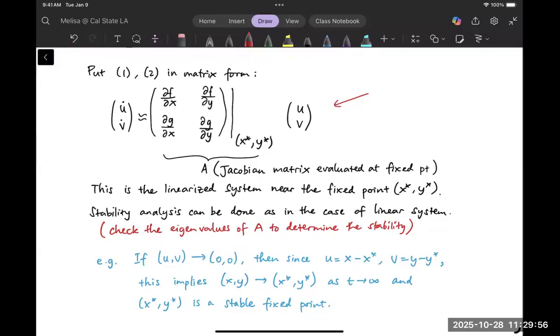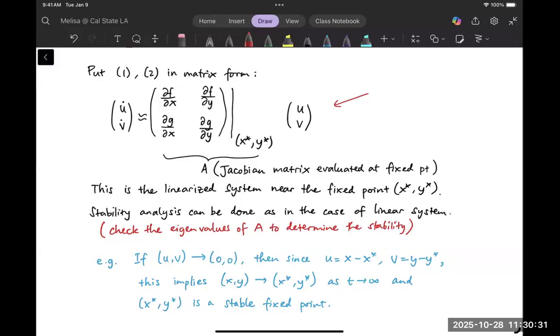And because u is defined to be x minus x star and phi is y minus y star, if both u and phi approach 0, that means x will approach x star and y will approach y star. So that means your solution x, y will approach the fixed point x star, y star in the long run. Basically, you can go back to the stability analysis for the linear system.